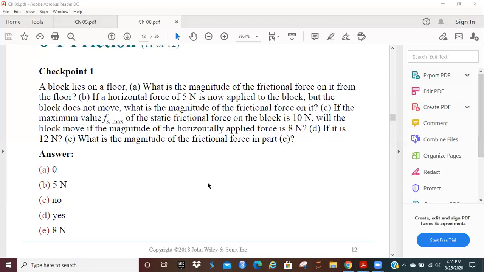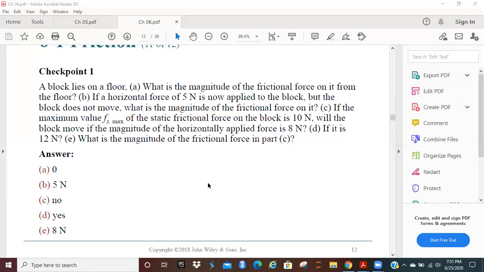No, because it's not enough to overcome it. That's right. That static frictional force has a maximum of 10 newtons, which means it's going to apply that force as needed up to a value of 10 newtons. Beyond that, well, we'll find out here.